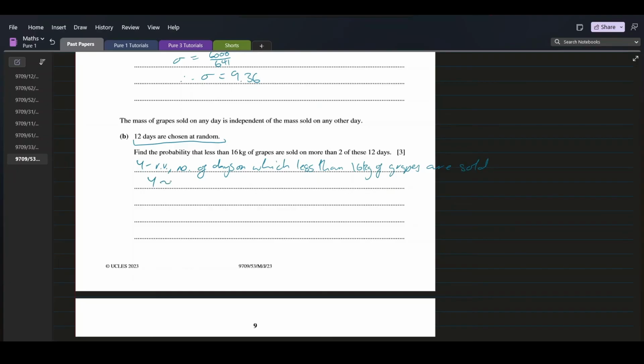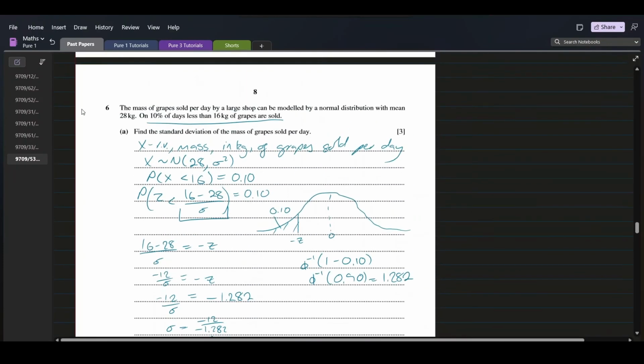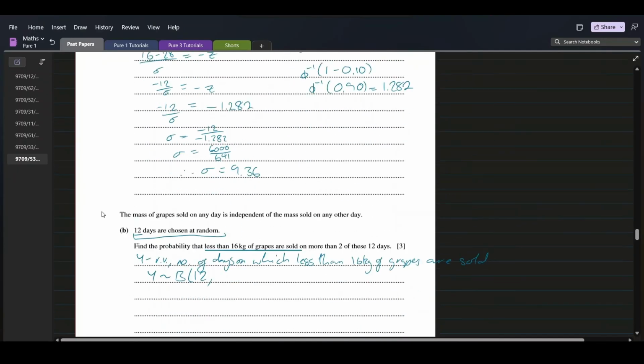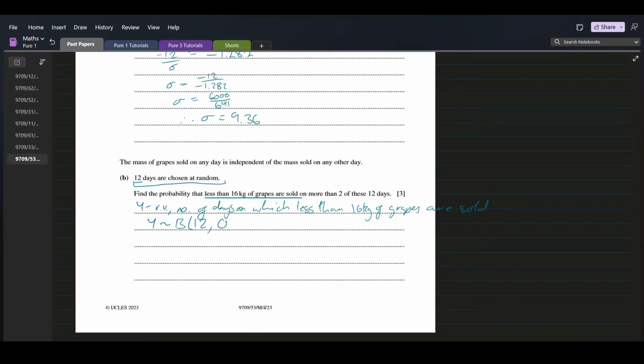So Y follows a binomial distribution with n as 12, and our probability of success, that's the probability that less than 16 kgs of grapes are sold, we were given that in the stem of the question to be 10%. On 10% of the days, less than 16 kgs of grapes are sold. So our probability of success is 0.10.